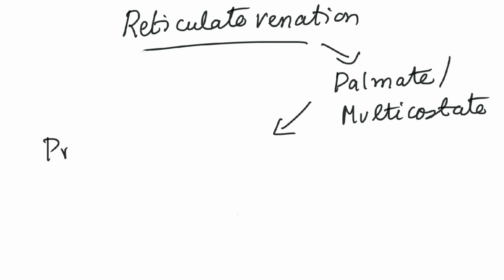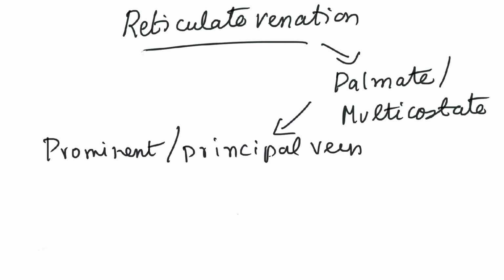Now going into palmate or multicostate venation, here the prominent or the principal vein arises from the tip of the petiole, and that vein reaches either the margins or the apex of the lamina.